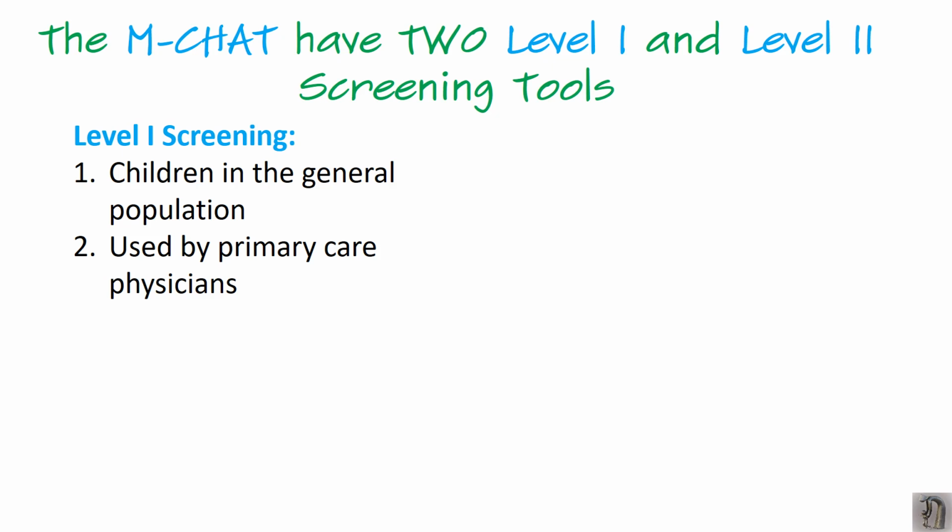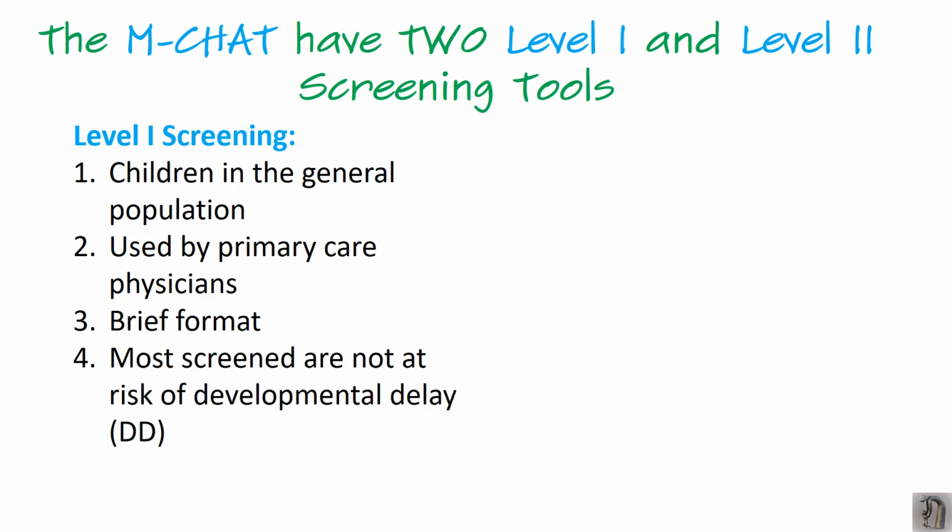It is used by the primary care physician when they come to the clinic, or any practitioner or special educator. They have a brief format where they can note down all the information. Most of those screened are not at risk of developmental delay. You cannot say whether the child has characteristics of developmental delay in level 1, because it is just a general checklist.